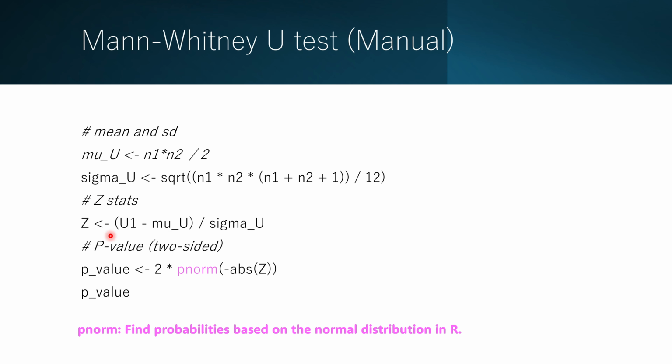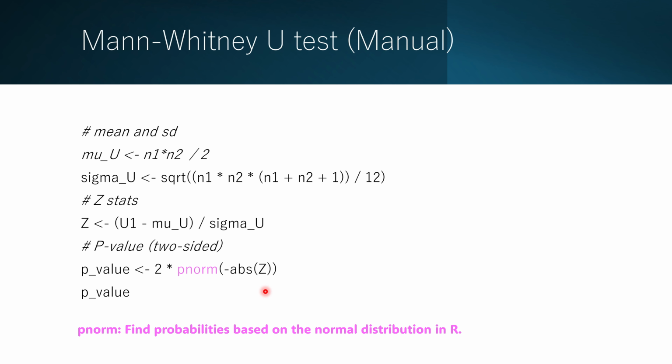Then we evaluate that z equals U1 minus mu U divided by sigma U. Then we calculate the z statistic by standardizing our U1 value. And the p-value equals 2 multiplied by pnorm of minus the absolute value of z.